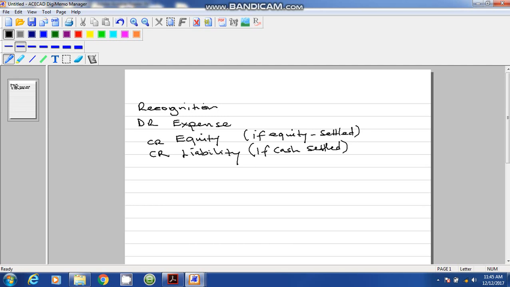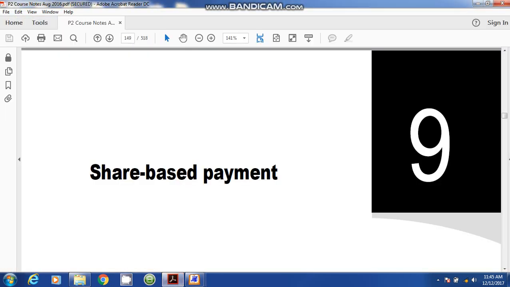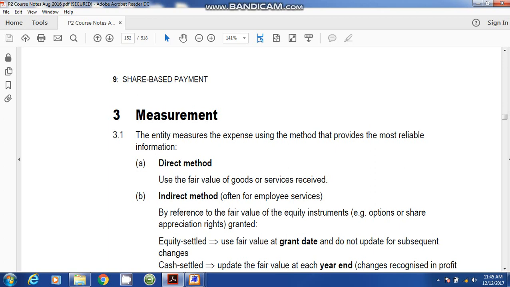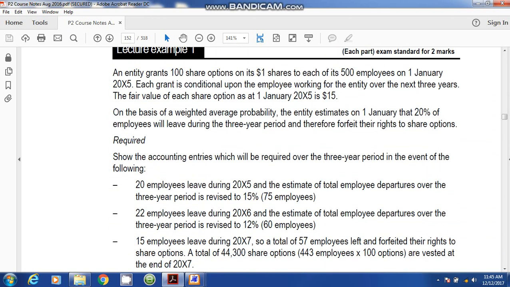We'll now look at an example question. In this question, an entity grants 100 share options on its $1 shares to each of its 500 employees.